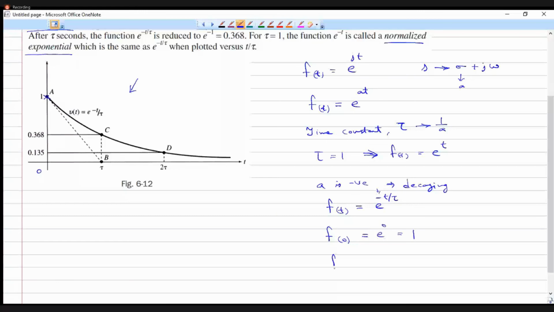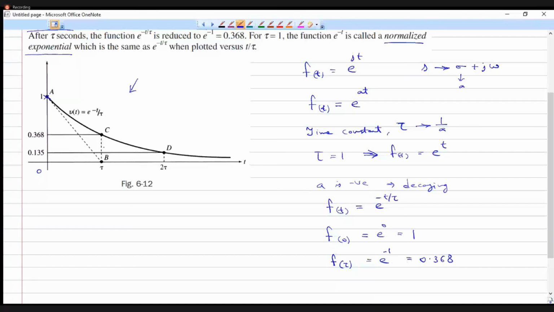Then another point of interest is what is happening when t is equal to tau. So what is the value of f of tau? When you substitute t is equal to tau in this function, you can see that it is equal to e power minus 1, which has a value equal to 0.368.